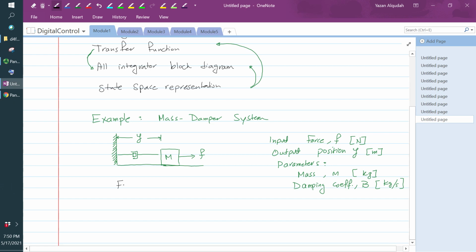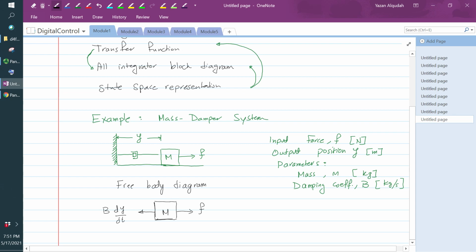So if I look at the free body diagram, we're going to have the mass, and we're going to have the forces that are applied to this mass. In this case, we have the force that is trying to move the mass to the right, and then we have the damping that is going to be generating a force equal to B multiplied by dy/dt.